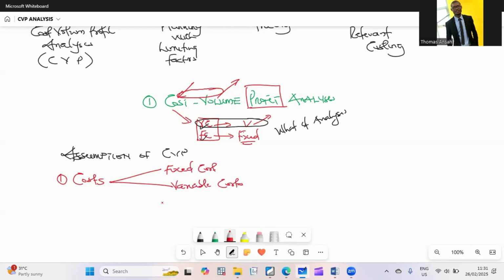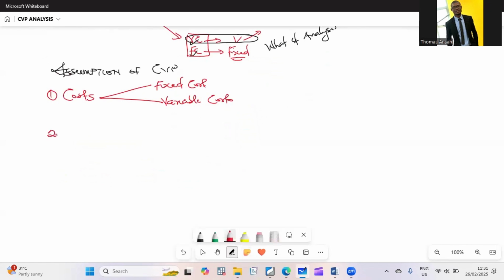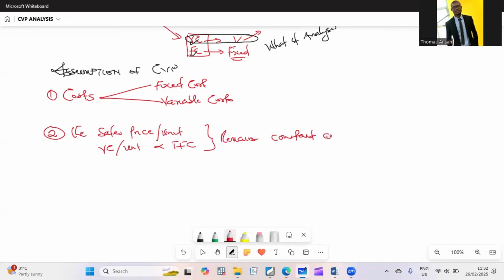Number two, the sales price per unit, variable cost per unit, and total fixed cost all remain constant within a range of activity.